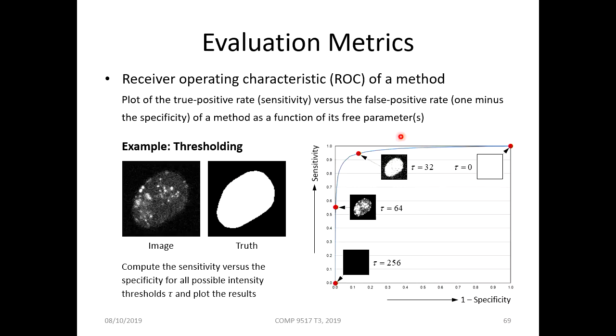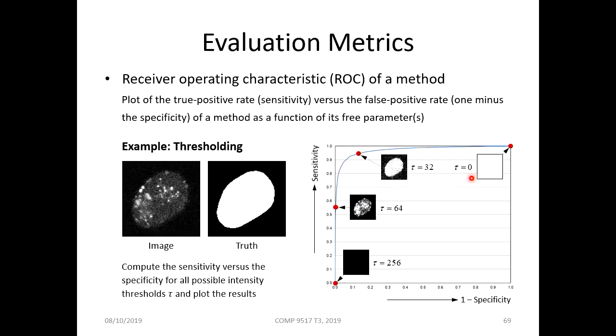Because think about what happens. If I put my threshold all the way to 0, then all pixels will be classified as object pixels, right? So my segmentation will look like this. It's all white. Every pixel is now labeled as an object pixel.